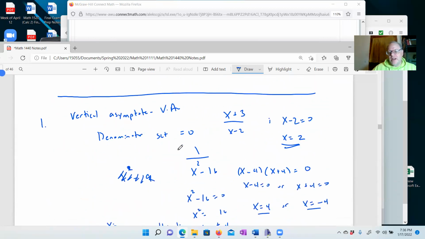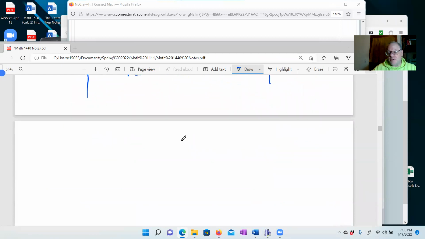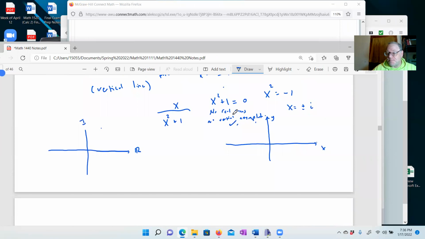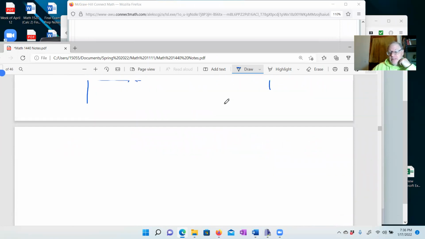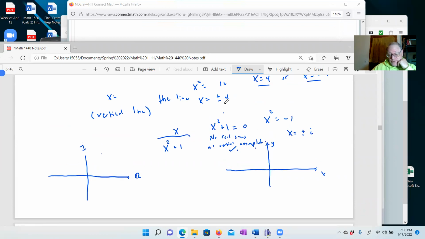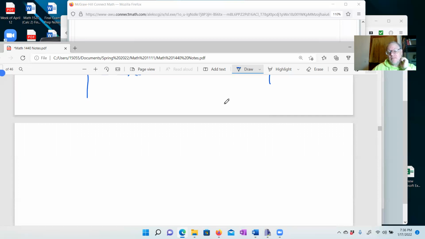So those are kind of the easy part of graphing rational functions. If you see an asymptote, I know the denominator had a solution equal to 0. If you don't see an asymptote here, then the denominator did not have a real solution. So the next part of being able to graph a rational function is the horizontal asymptotes.